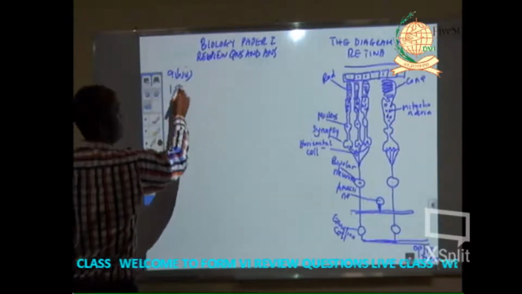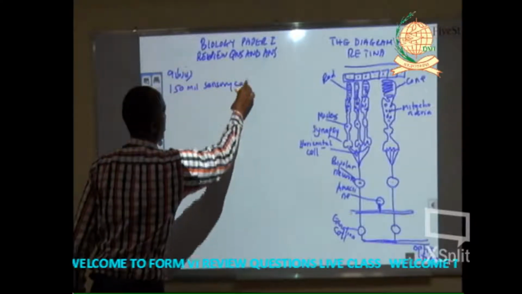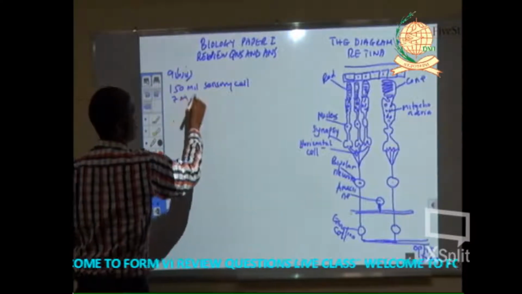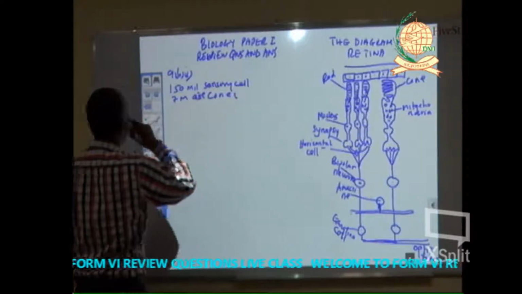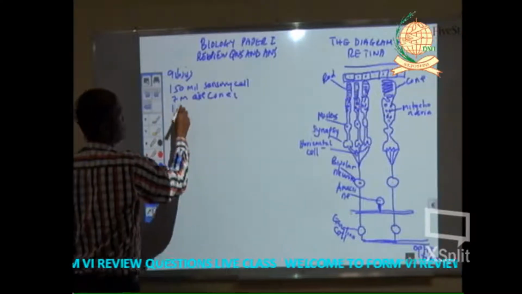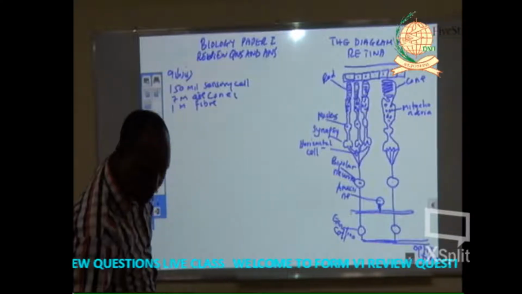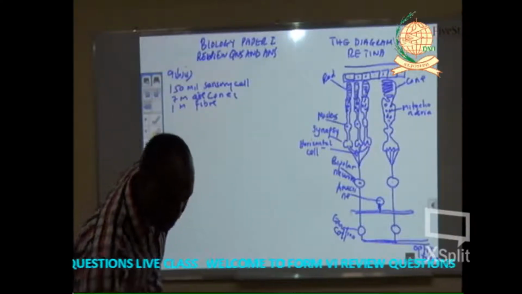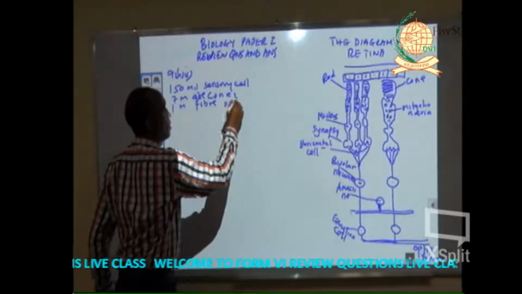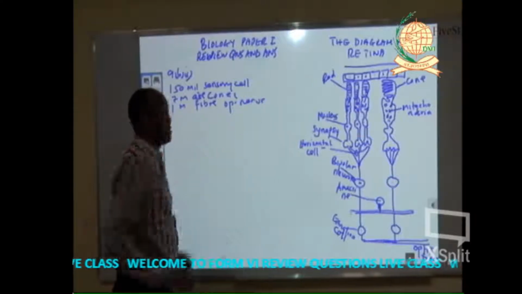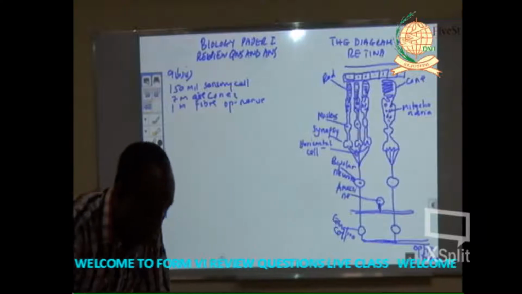150 million is sensory cells, and 7 million is cones, and 1 million is the fibers of the optic nerve. What implication does this mean?